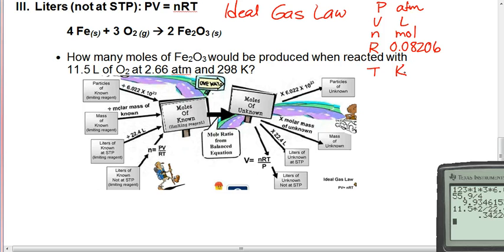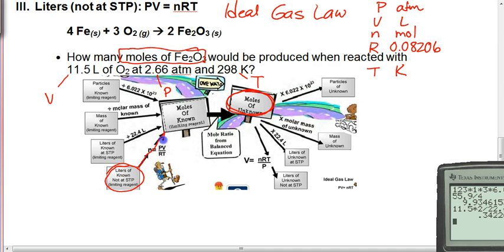Okay, so here's how a problem that uses the ideal gas law would look. How many moles of Fe2O3, that's what we're trying to find, would be produced when reacted with this much oxygen at this pressure and this temperature? So it looks like we've got a V, a P, and a T. We are starting with liters not at STP.